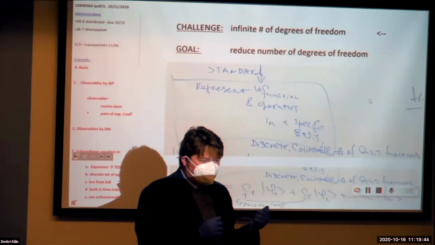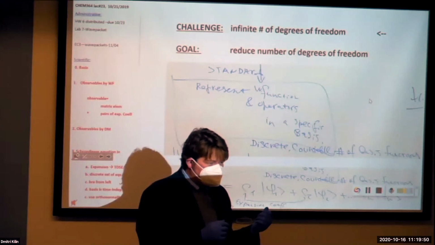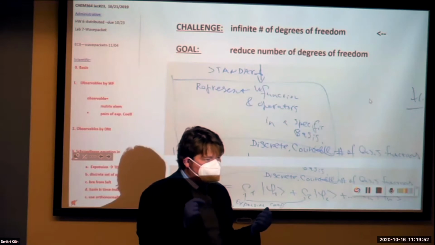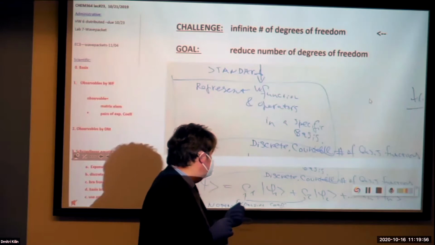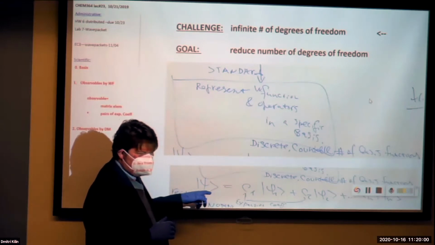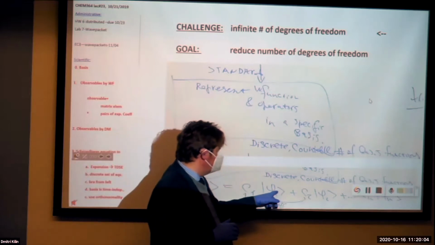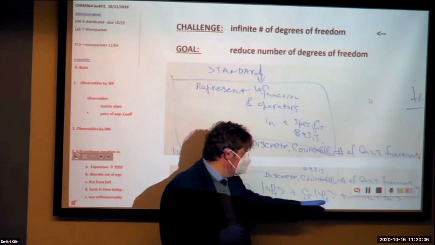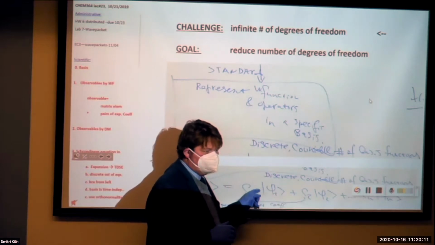Fourier transform serves to represent a continuous function with a discrete set of expansion coefficients, right? And here I summarize it. It works both in mathematics and for quantum theory. A wave function can be represented as a summation of basis functions, each of which comes into the superposition with discrete coefficients.